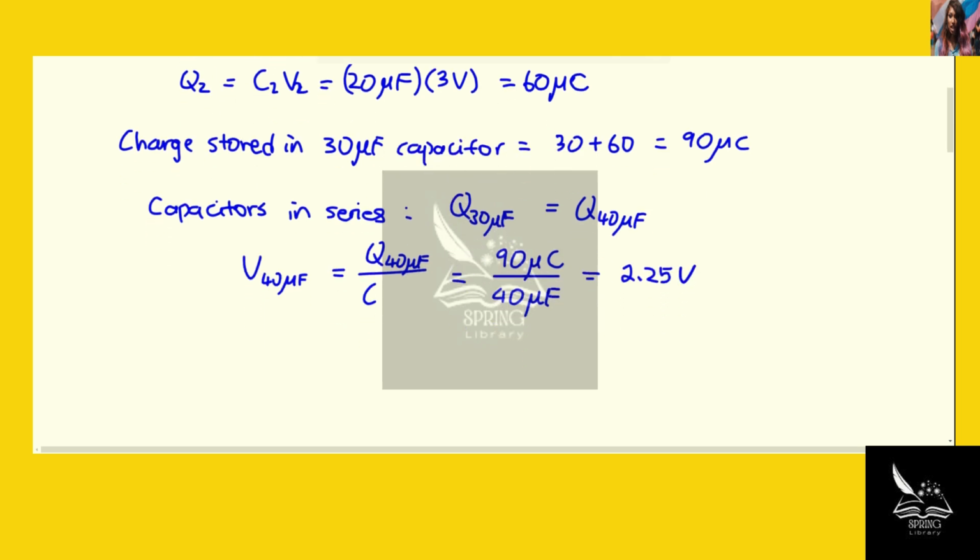So VAB is equal to the voltage across the 30 microfarad plus the voltage across the 40 microfarad. Because they are in series, you sum the voltages, so you get 3 plus 2.25, and you get 5.25 volts. To 2 significant figures, you get 5.3 volts.